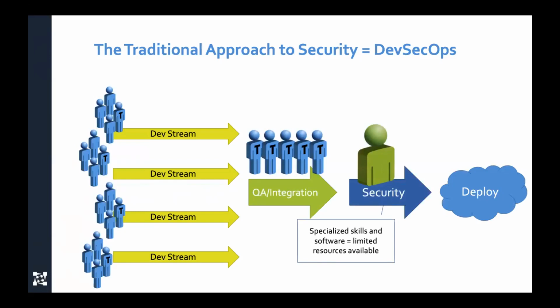Typically, organizations are focused this way because of a lack of available resources. Security is a topic that many people don't think of when they're developing, because you're more highly focused on functional implementation and getting the capability done as quickly as possible.